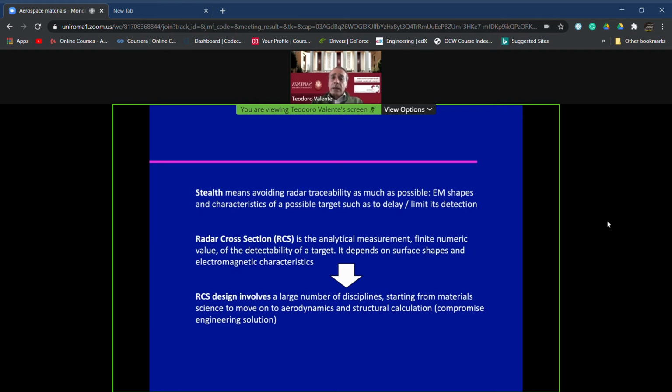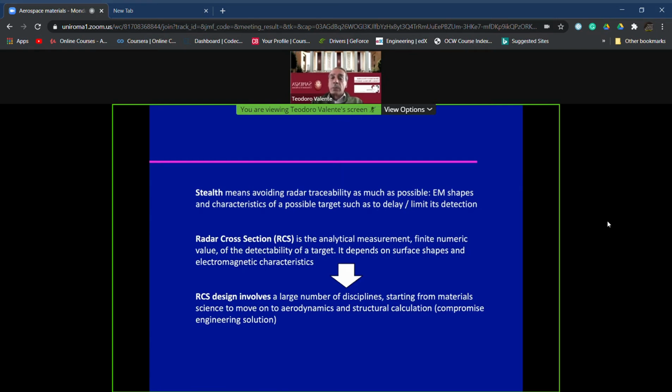This radar cross-section is a sort of analytical measurement, but it is a finite numeric value of the detectability of the flying object, which is for us our target, and depends also on the surface shape of the flying object itself. And thus we have to have in mind this, because our purpose is to reduce this quantity in order to reduce detectability of the target.